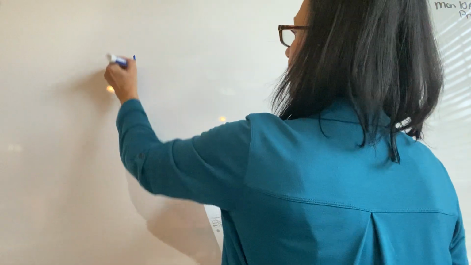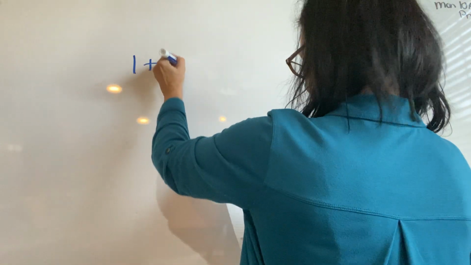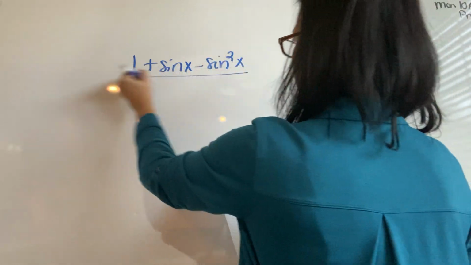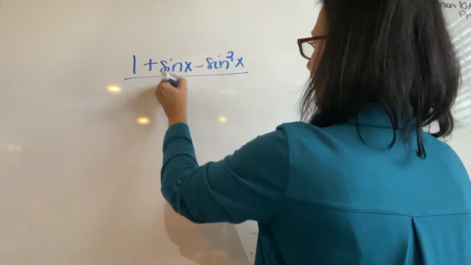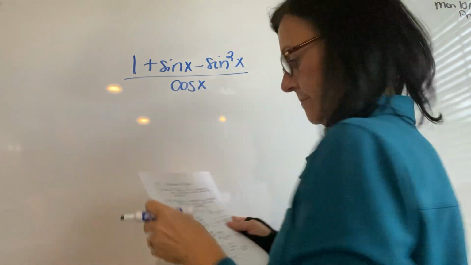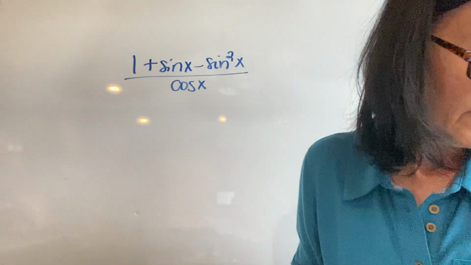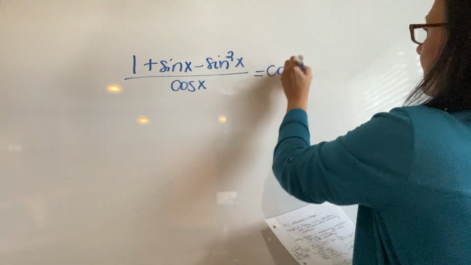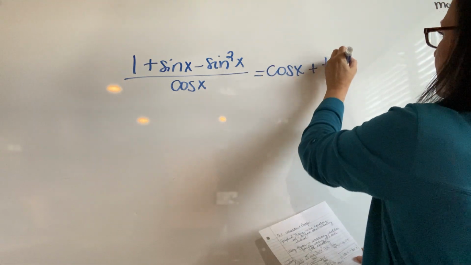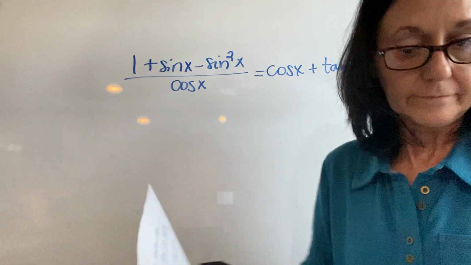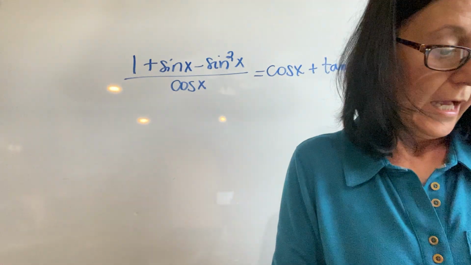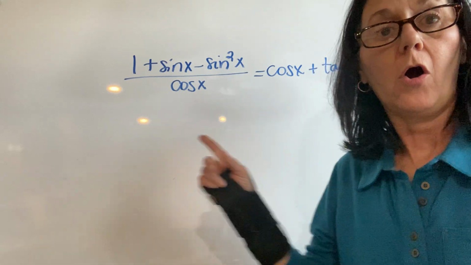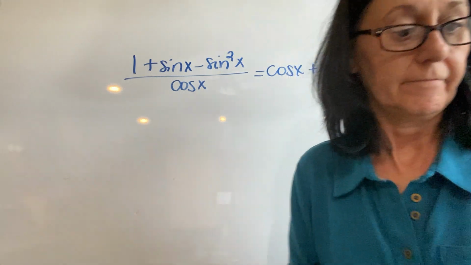Example 3 is 1 plus the sine of x minus the sine squared of x over the cosine of x equals the cosine of x plus the tangent of x. I am only going to begin by working on the left-hand side.